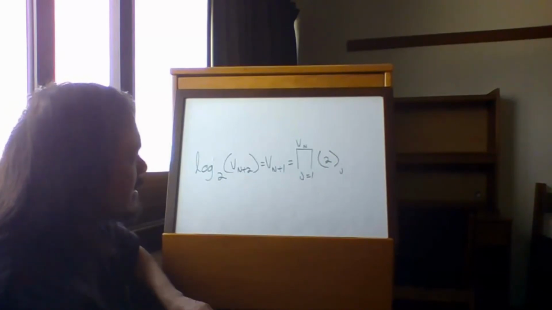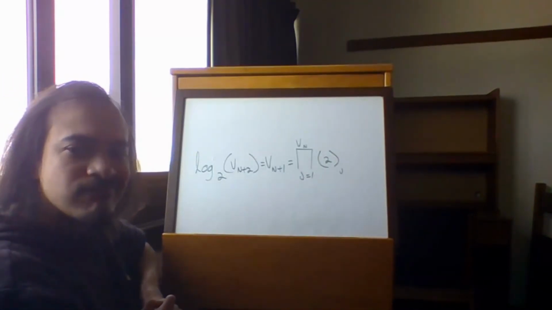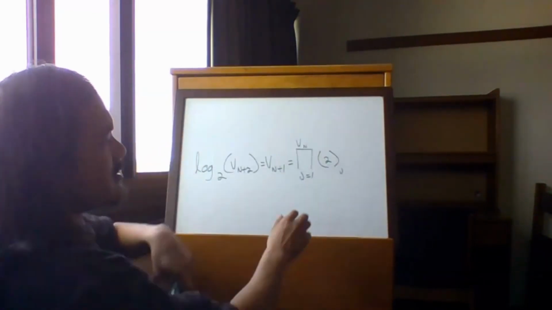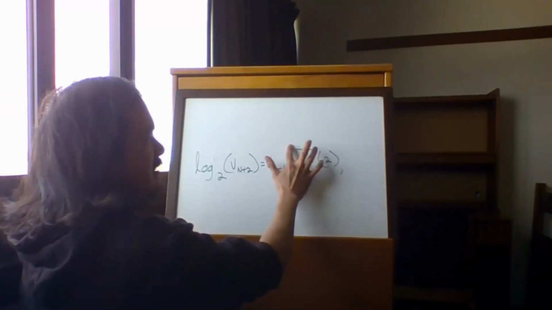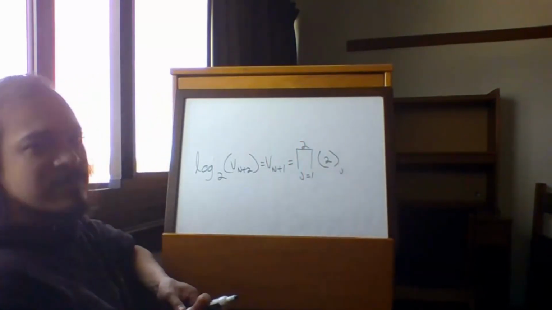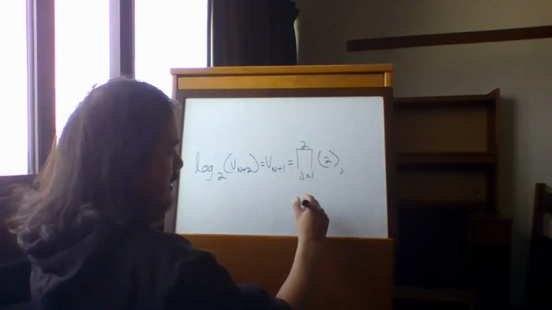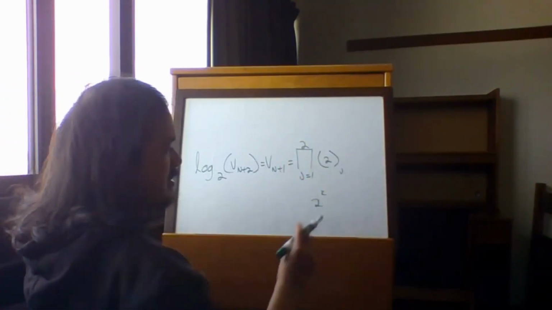Well, let's say we start off with v of n right here being 2. So what I get right here, I have 2 to the second power.